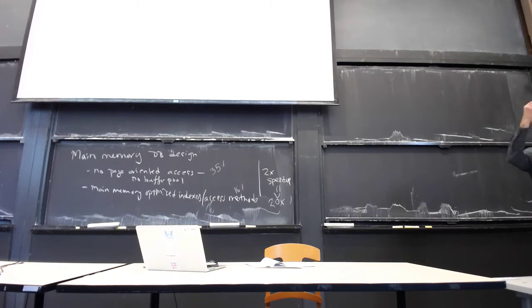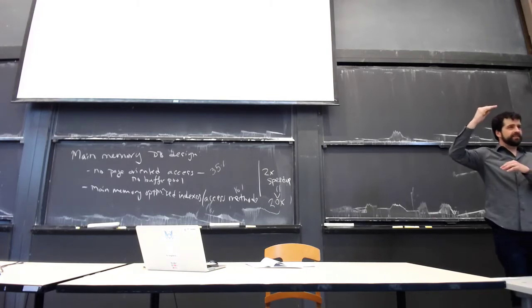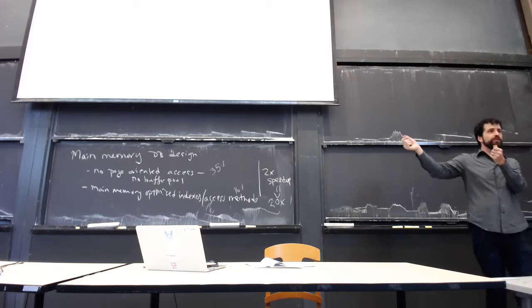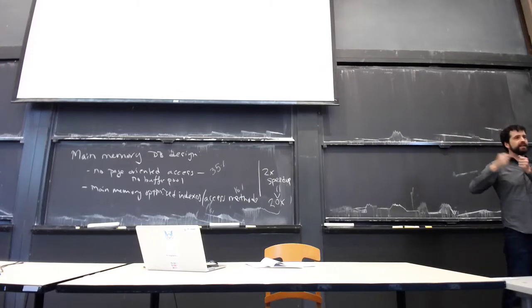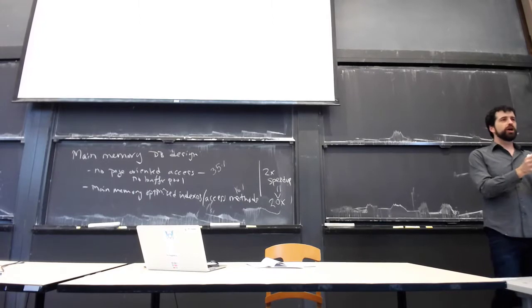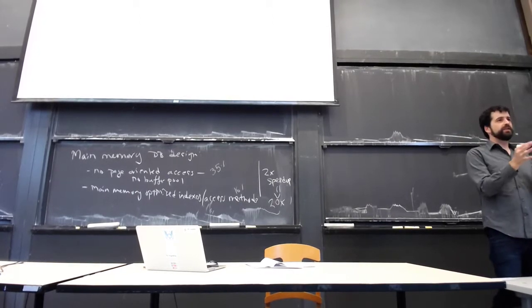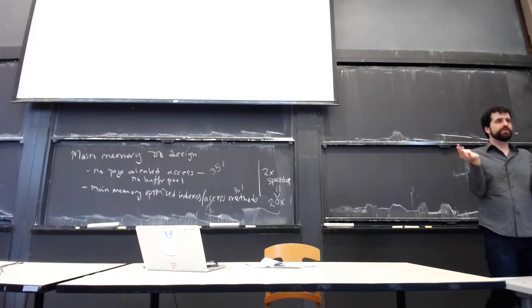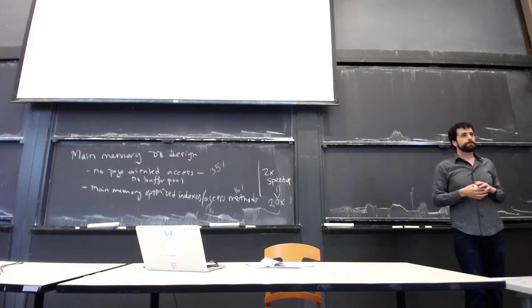So you have a complete copy of the data on disk, like a backup. It may be a little bit stale, and then you have a log on disk also that records all the operations that had been made to the database since you last took a snapshot. And by combining this log with the snapshot, you can recover the database. So if the system crashes, you'll be able to bring the database back up.